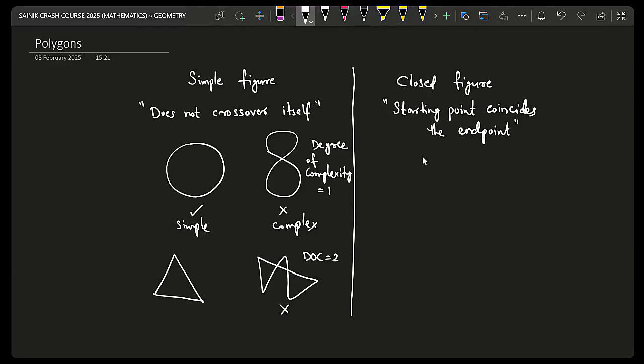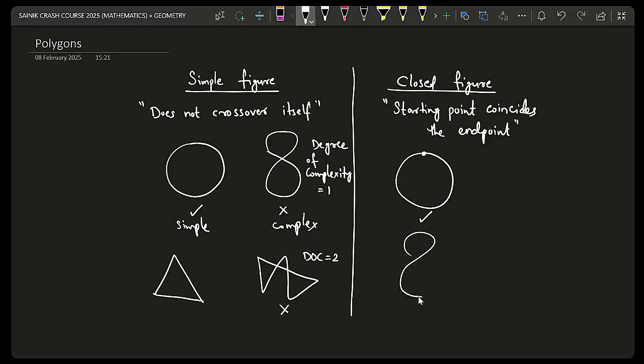For example, if I take a circle, already we took in the examples of simple figure and now closed figure. Suppose you start at this point and you go around and you come at the same point. That means starting point and ending point are same. So it is a closed figure.